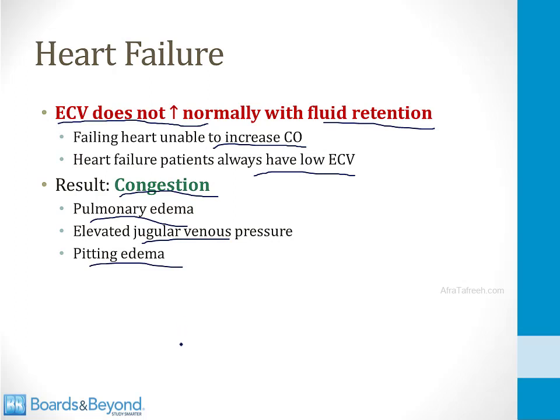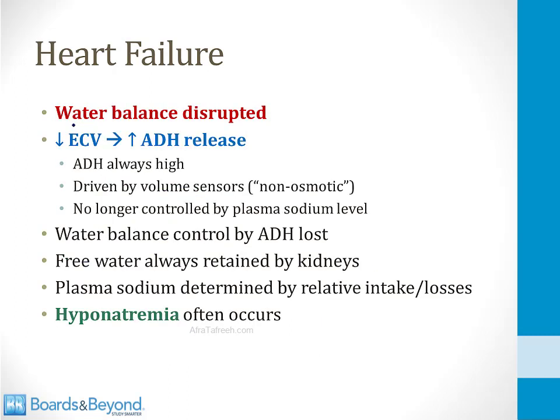As we discussed before, in heart failure, the ECV is always down, but the total body water goes up for the reasons discussed on this slide and the last two slides. In addition to sodium balance problems, heart failure patients have a water balance problem. The low ECV leads to chronic ADH release. ADH is always high in heart failure patients, and once again, this is driven by the volume sensors.